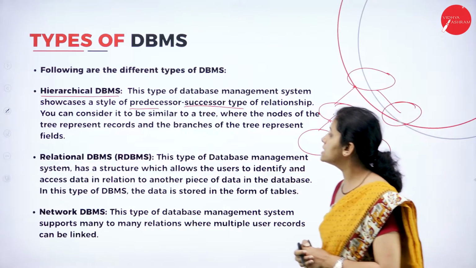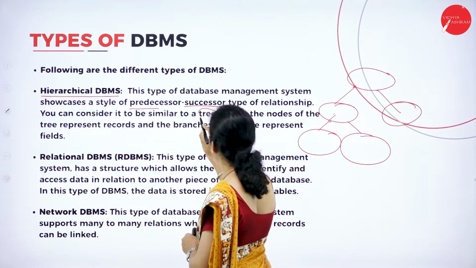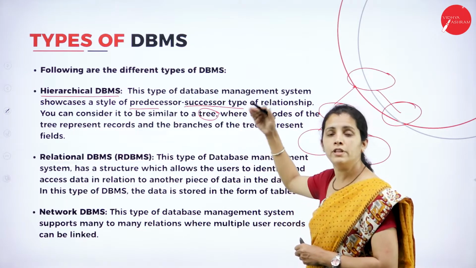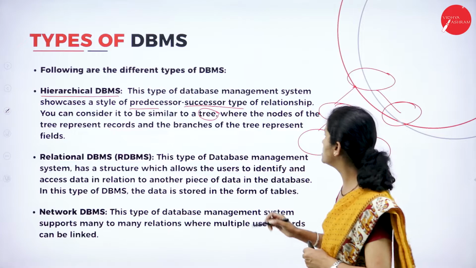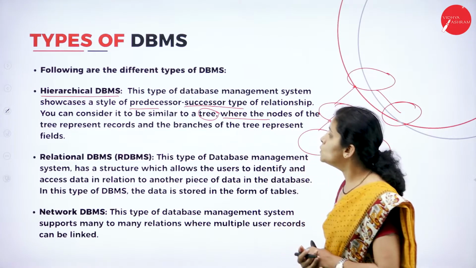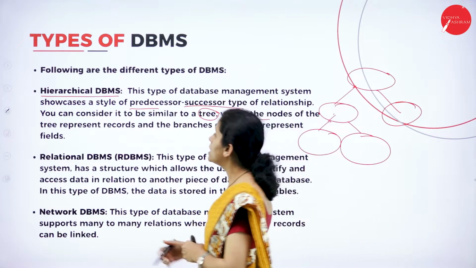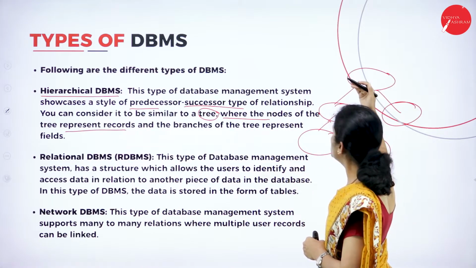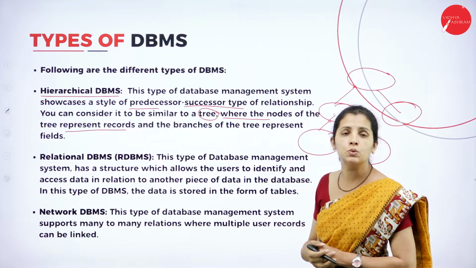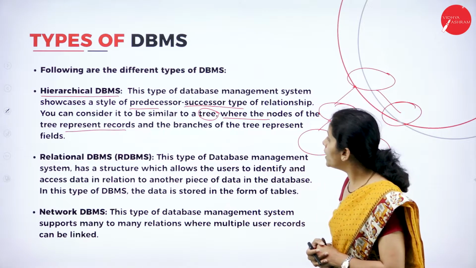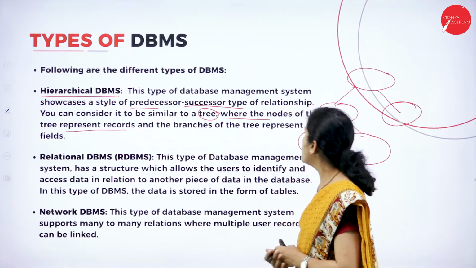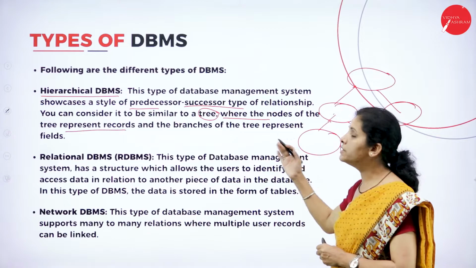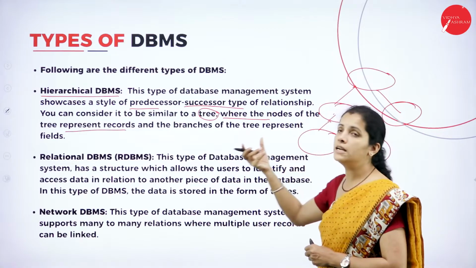Here data are represented in the form of a tree, which has the root along with branches. The root nodes are mainly used to represent records, whereas the branches of the tree represent fields.